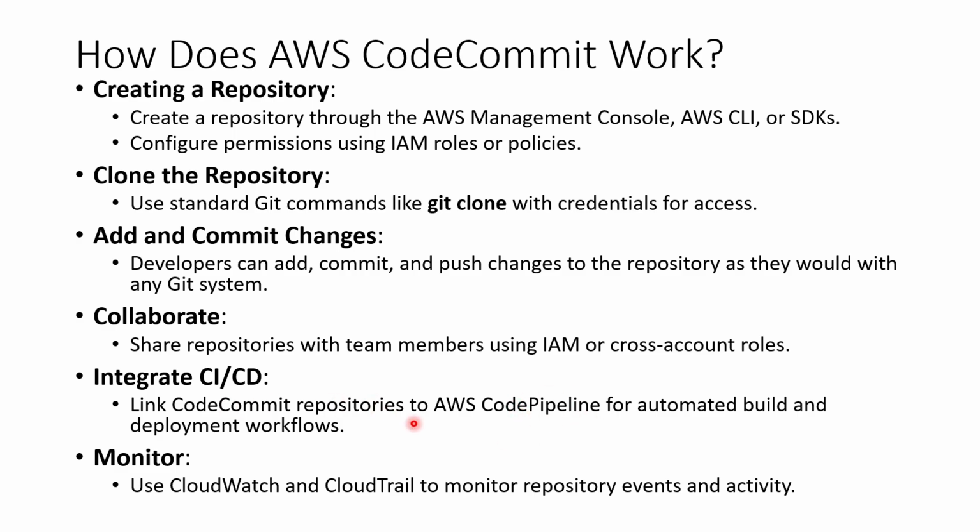We can link directly within AWS and automate the build and deployment workflow. To monitor, we have CloudWatch for monitoring and maintaining logs, and events can be drawn there. Who has done what, when, and how is monitored by CloudTrail.